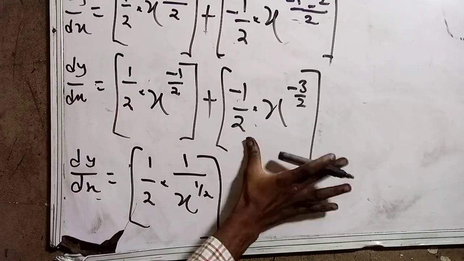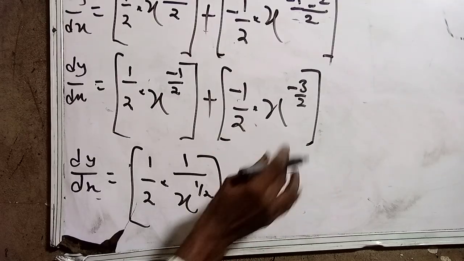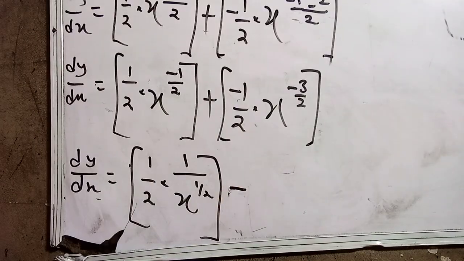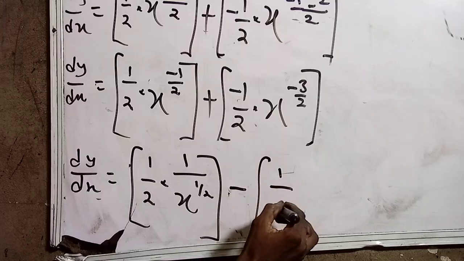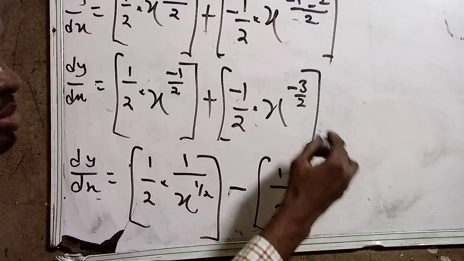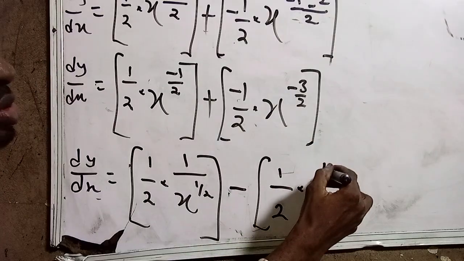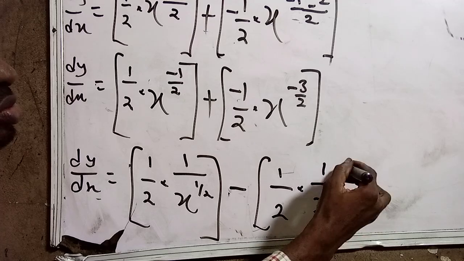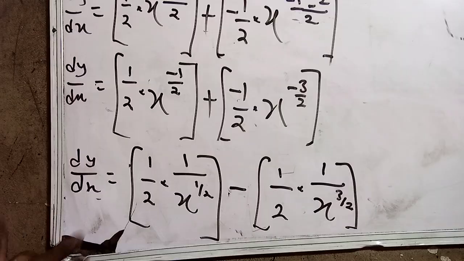So plus, I can bring out this minus now, so this one becomes minus, open brackets 1 over 2 times, I have minus here too. So this minus you can make into 1 over x to the power 3 over 2. Okay, so that's all I have on that part.